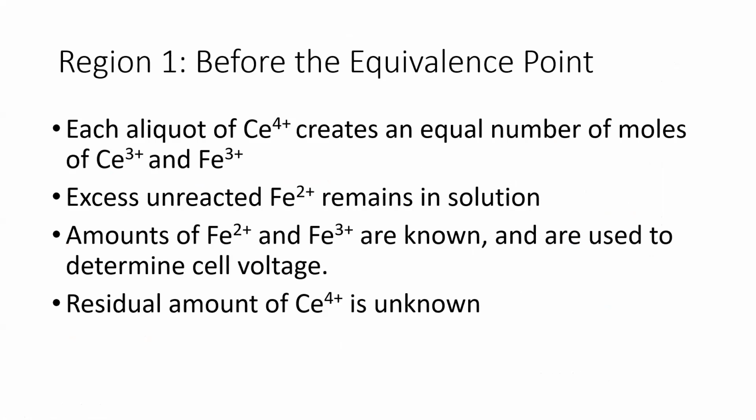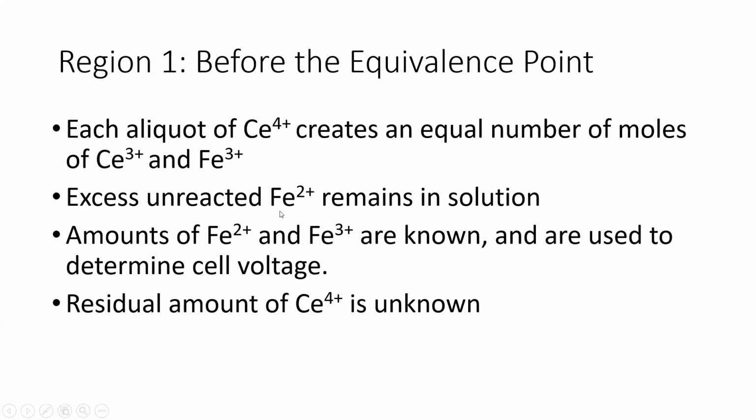Before the equivalence point, each aliquot of the cerium 4 that is added will create an equal number of moles of iron 3 and cerium 3, because the cerium gets reduced to cerium 3 plus and iron gets oxidized to iron 3 plus. But at that time, before the equivalence point, we have excess iron 2, because only a small fraction of iron 2 would have been converted to iron 3.